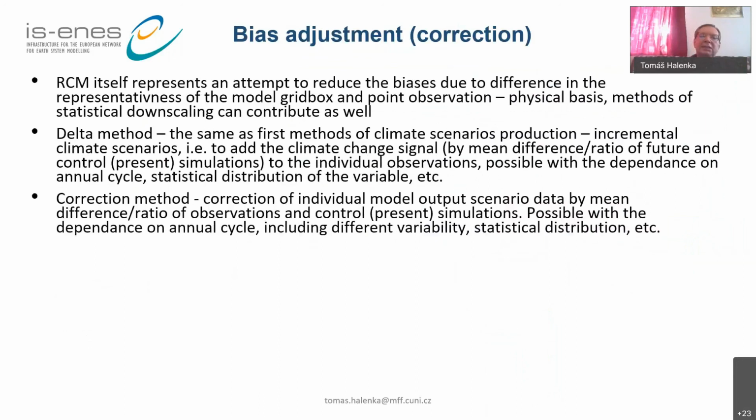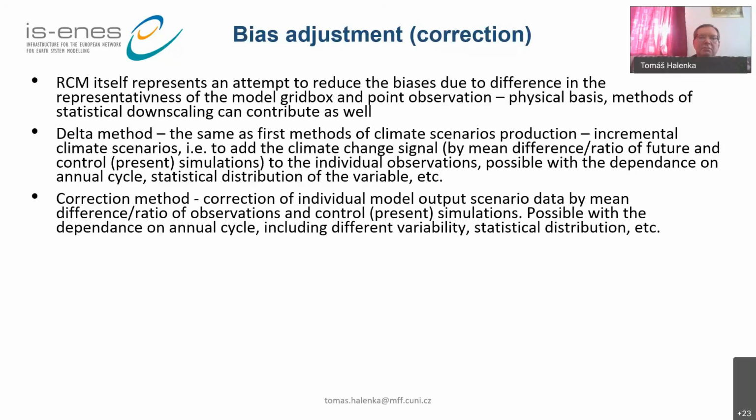But the standard statistical method is the delta method, which is quite close to incremental climate scenario production, typical for the beginning of climate change studies. You shift the observations by the climate signal from averaging GCM outputs.